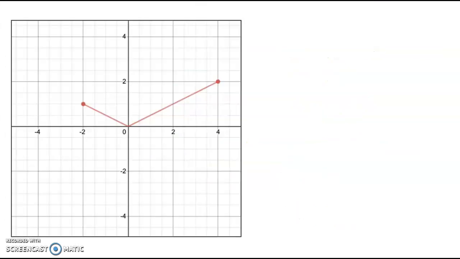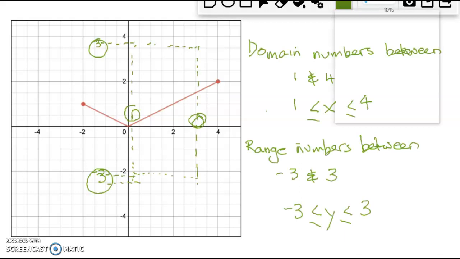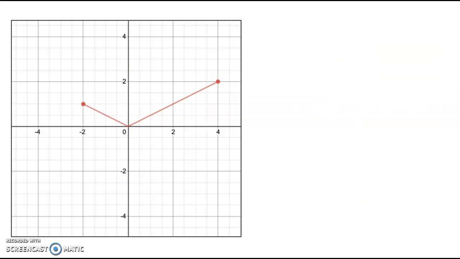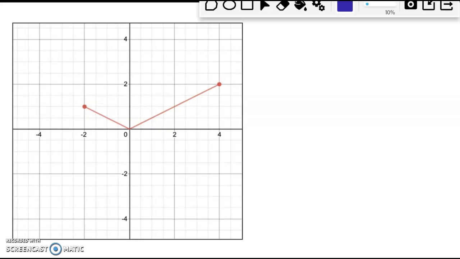Okay, with this problem again, I am going to draw my rectangle. Okay, let's do another example here.